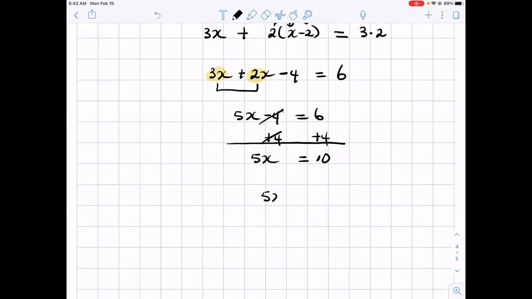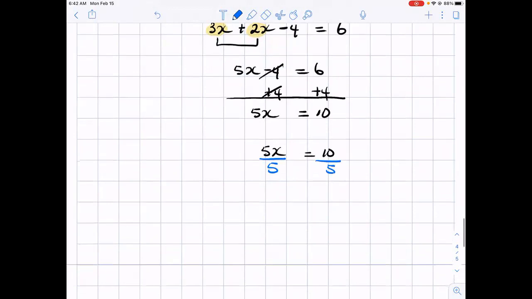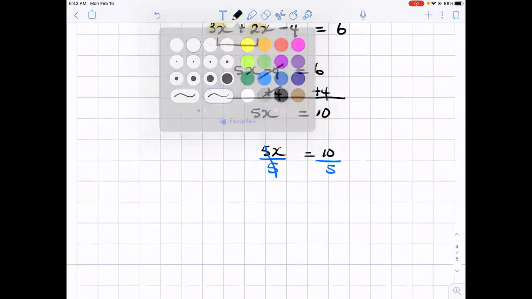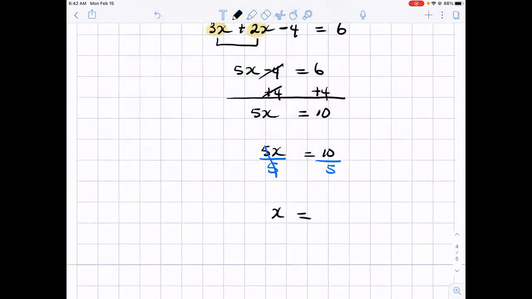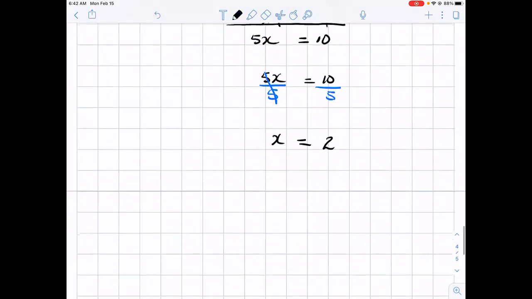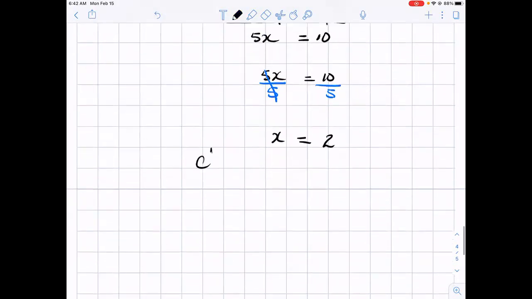And to get x by itself, we will divide both sides by 5. And 5 divided by 5 becomes 1x, and 10 divided by 5 is 2. And don't forget, check.